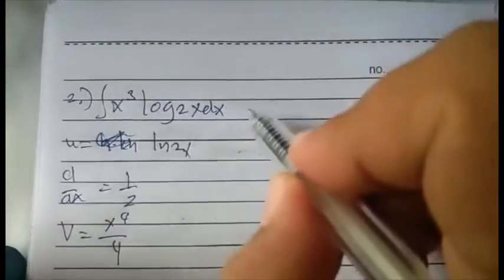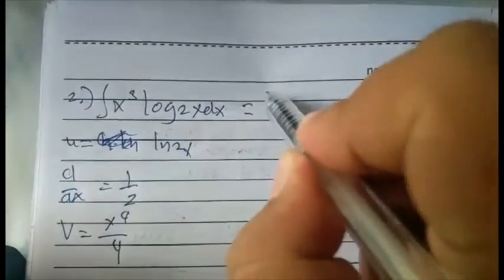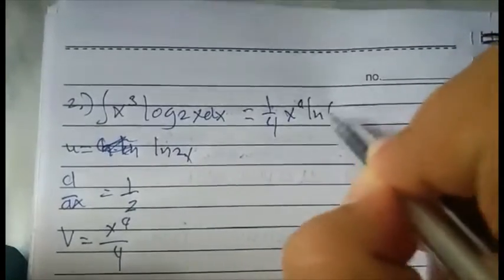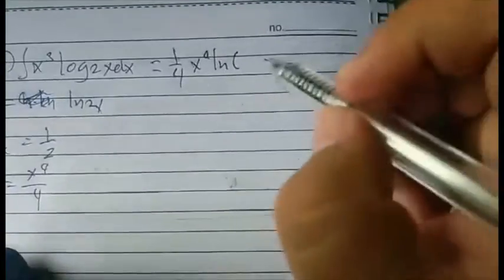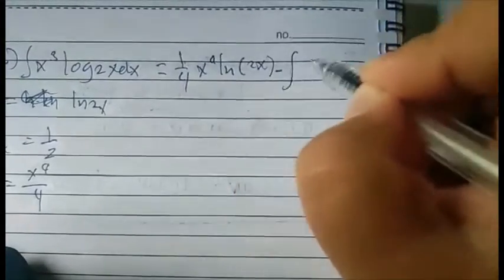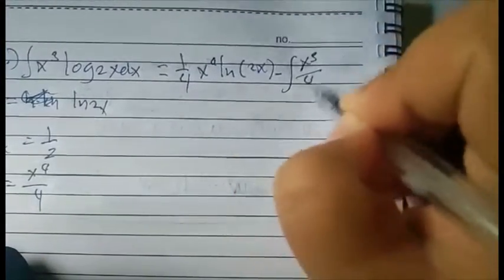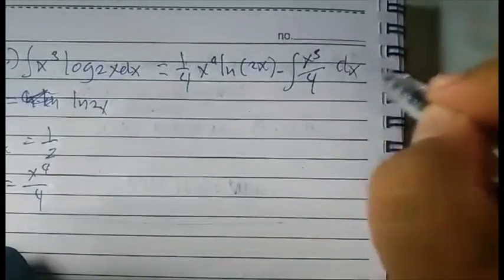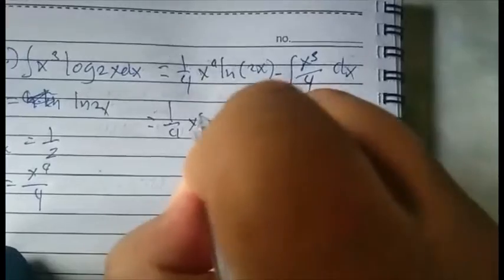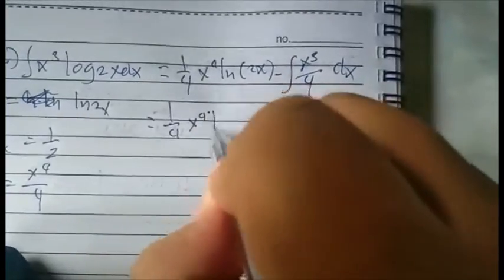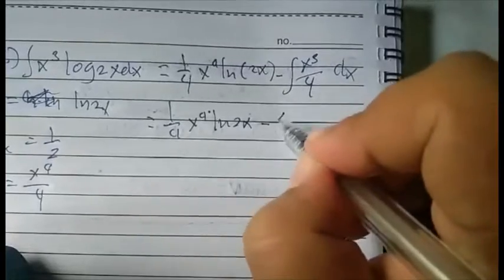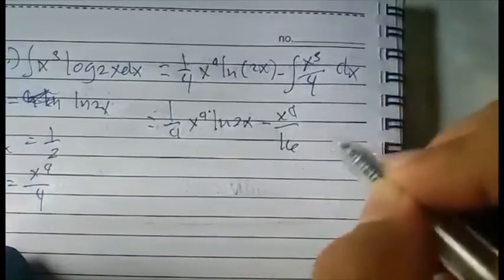Then we're going to solve it: 1/4 x to the fourth ln 2x minus the integral of x cubed over 4 dx. Then 1/4 x to the fourth ln 2x minus x to the fourth over 16.